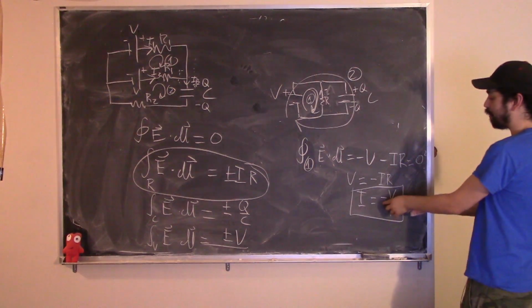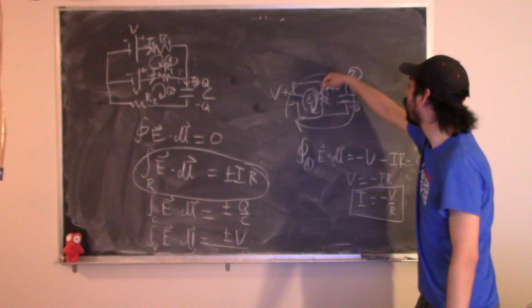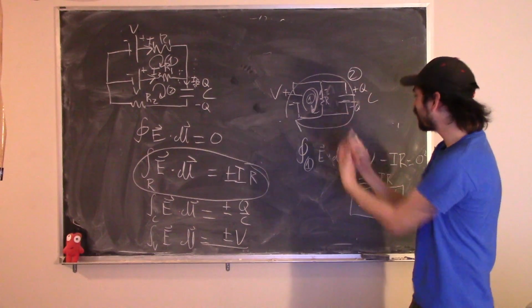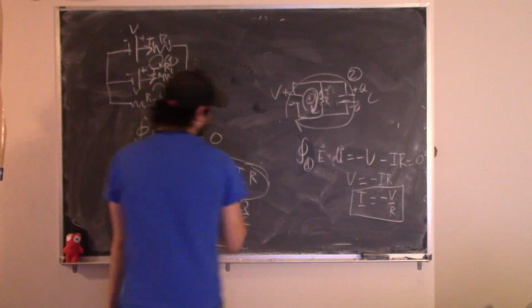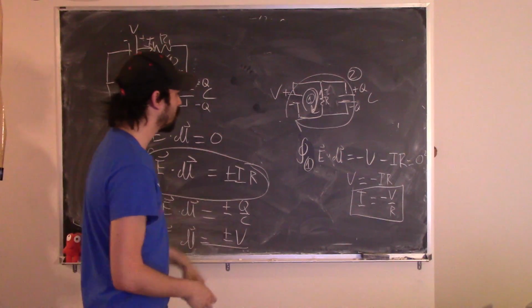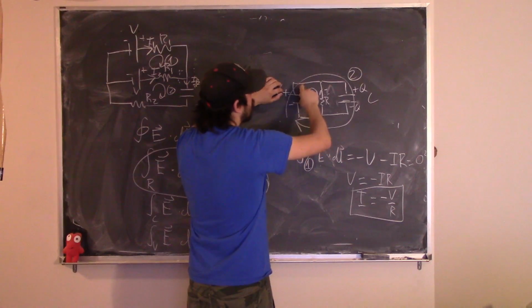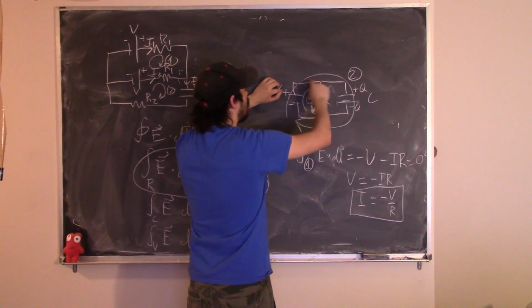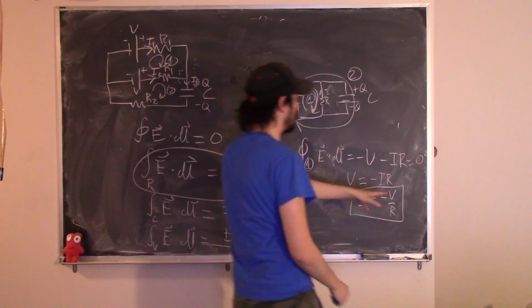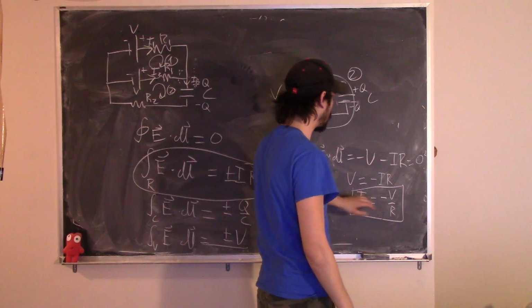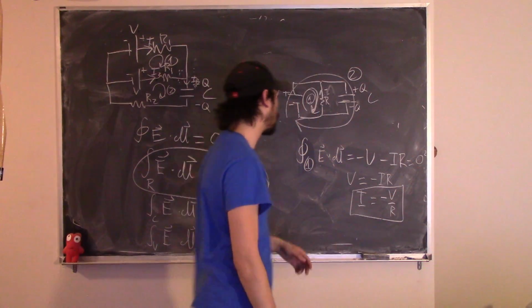Because I'm seeing this as minus V divided by R, that really means that the current is going to be going down. And again, that follows some intuition that we have, because the current is going to point in the same direction as the electric field, and the electric field is going to point from positive to negative. So that says the current really should be going this way. But I had defined it going the opposite way, which is why when I solve for the current from my loop equation, I end up seeing this as a minus V divided by R.